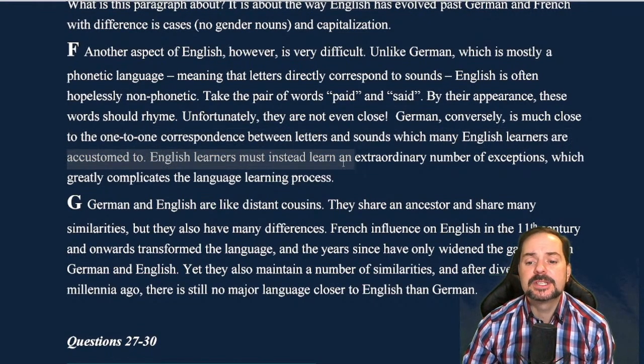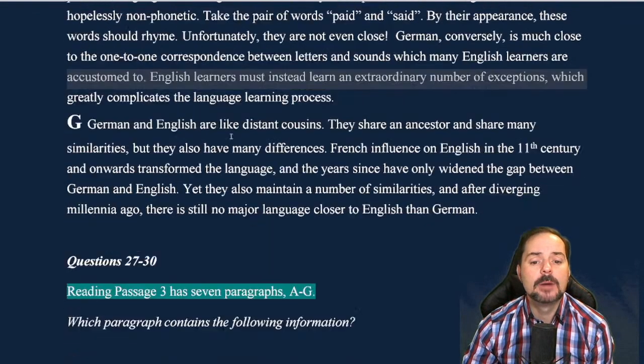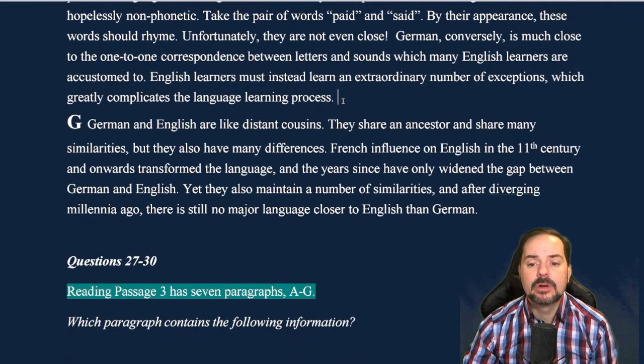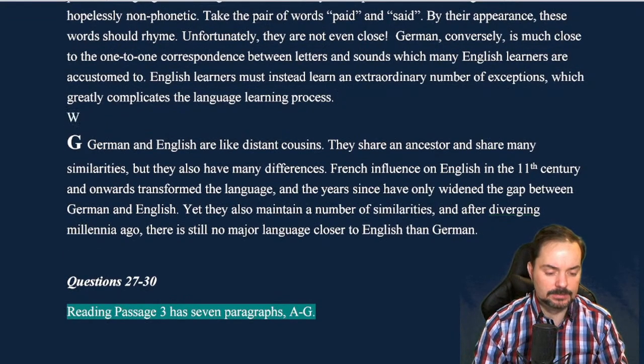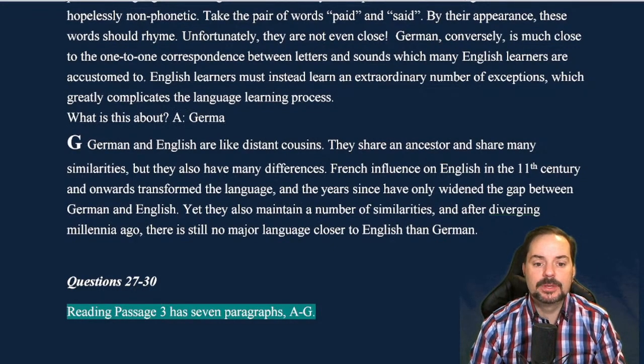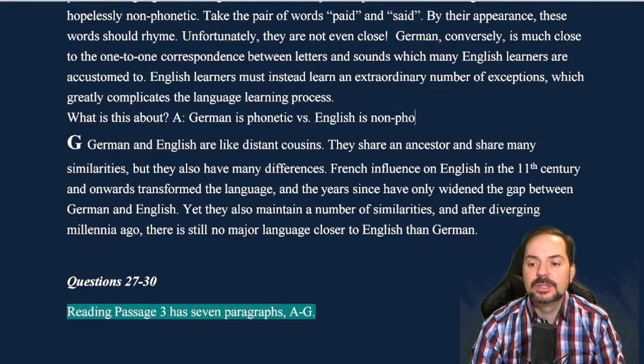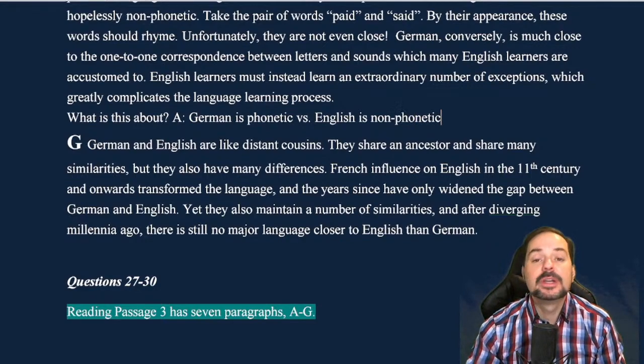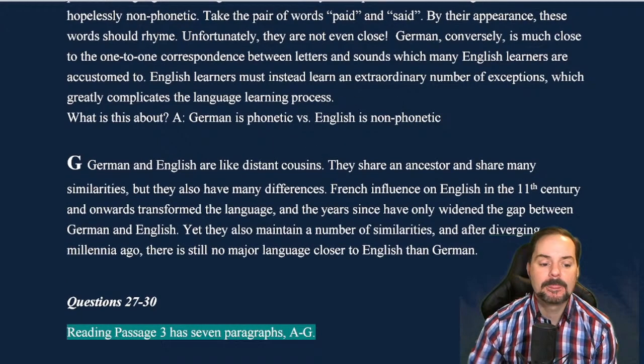English learners must instead learn an extraordinary number of exceptions, which greatly complicates the language learning process. So, what is this about? Answer, German is phonetic versus English is non-phonetic, so differences in pronunciation, okay?